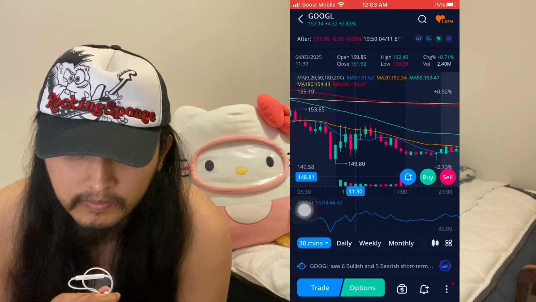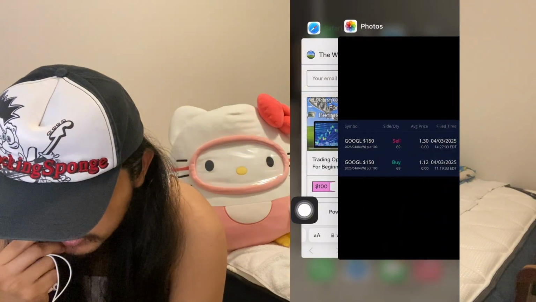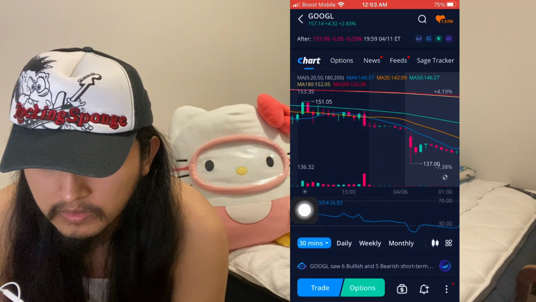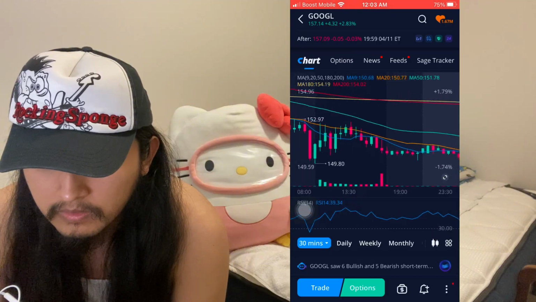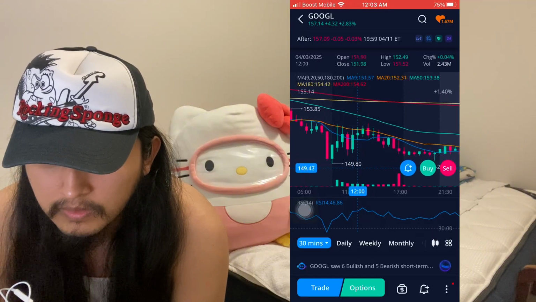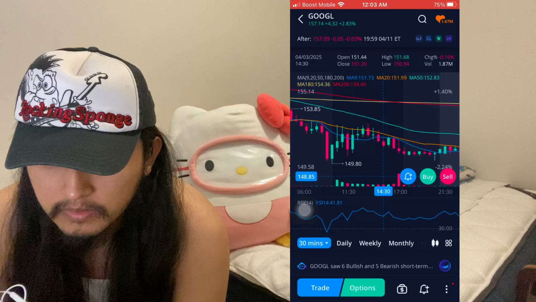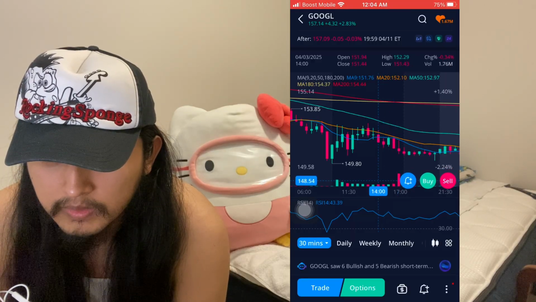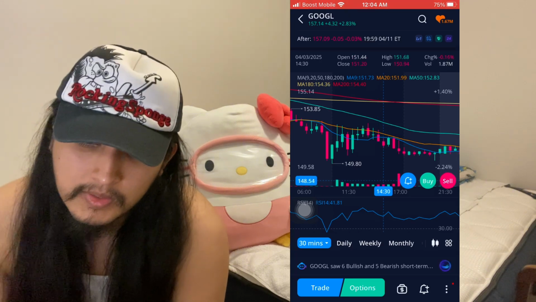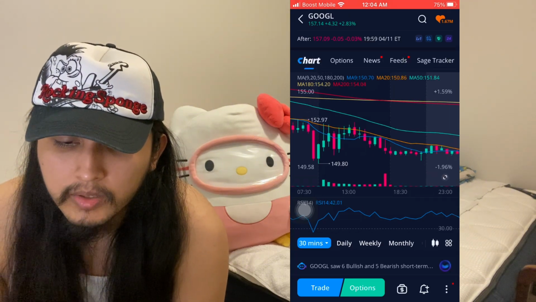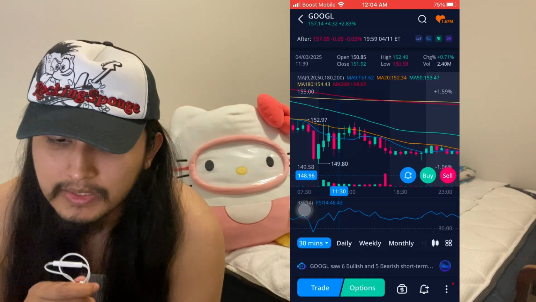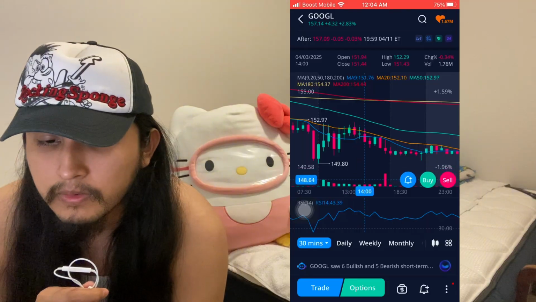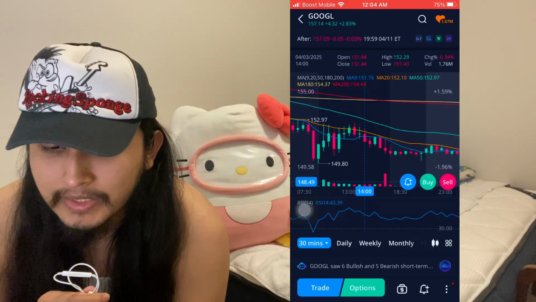When I did that, at 14:27, this candle right here, I sold out the position because, if Google is having trouble breaking that 20-day moving average, it's most likely going to see further momentum towards the downside, and that's exactly what happened.